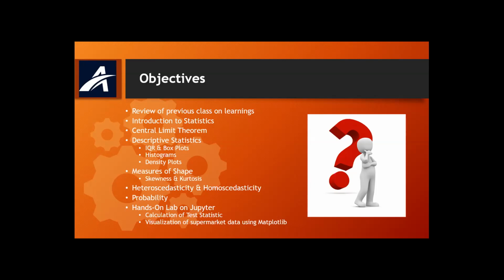From the current slide, I can remember the box plot, the quartile range, the upper quartile and lower quartile, and also the central limit theorem. I can't remember exactly the definition of it.